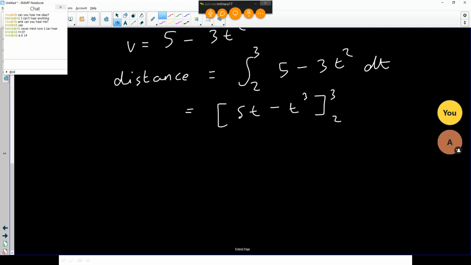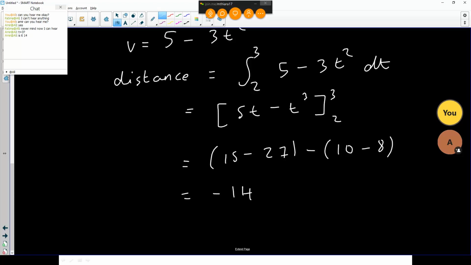Now when I substitute those values in there, I get 15 minus 27 take away 10 minus 8, which then gives me minus 14.